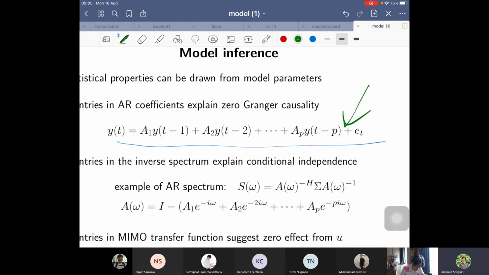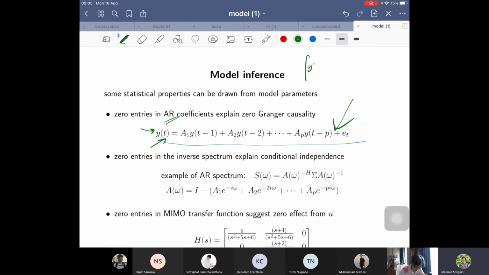we will talk about this model eventually. What does AR mean? But let's just say it's an equation given by this. And what is more interesting is that your y is actually a vector. So A1 is a matrix multiplied with the vector at step t minus 1, plus A2 times the vector at step t minus 2, and so on.